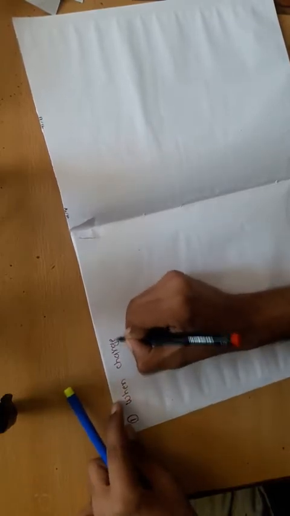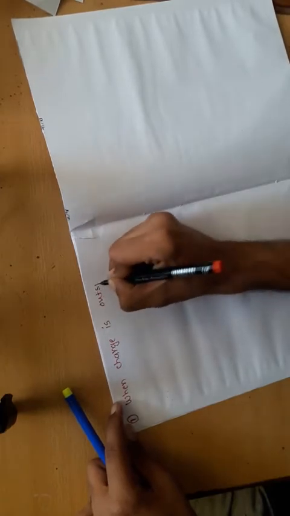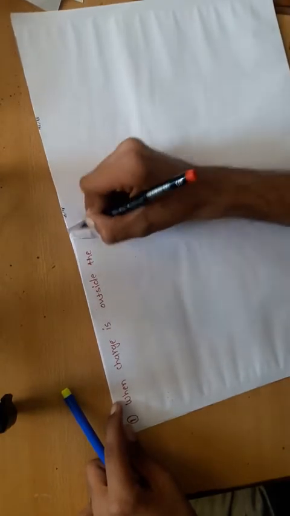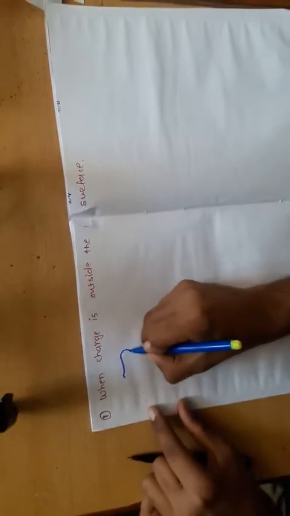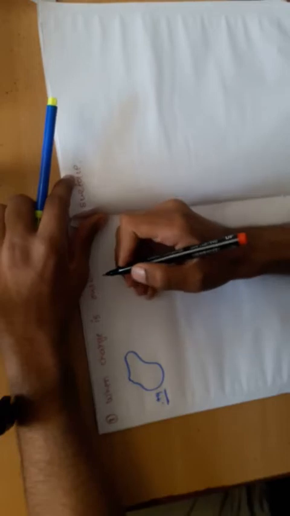The first case is when the charge is outside the surface. So what happened in this case? We have one closed surface and here I have a positive charge Q outside. So what will be the flux from this charge through the closed surface? Here we know there is no charge enclosed by the surface.